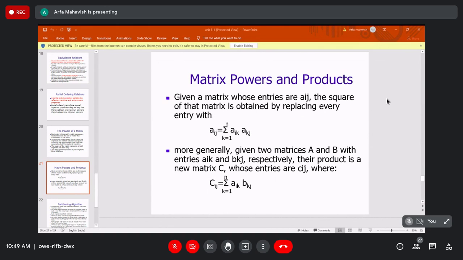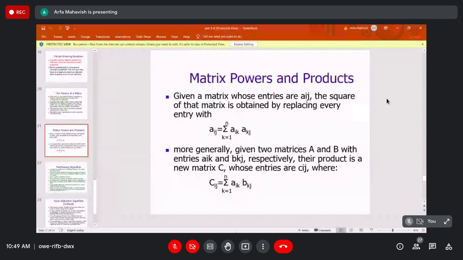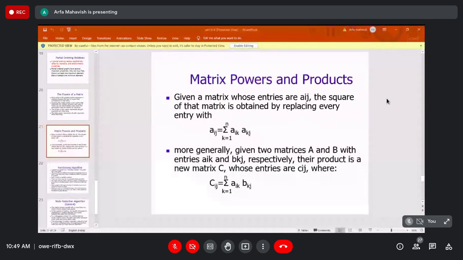Next we have the power of matrix, the product of matrix.